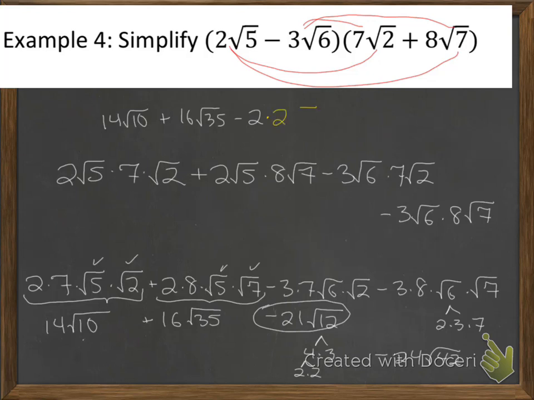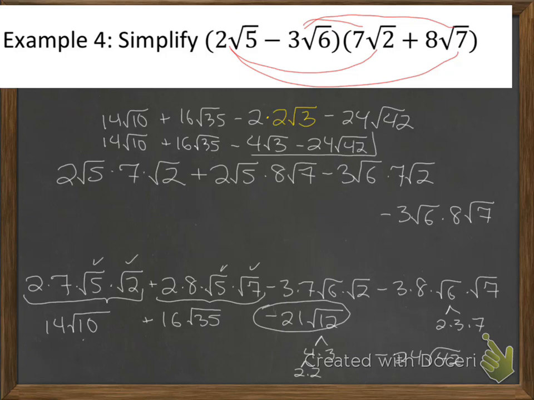I'm going to rewrite this as 2 times the square root of 3, minus 24 times the square root of 42. Again, none of the other radicals can be simplified, unfortunately. So our final answer is 14 times the square root of 10 plus 16 times the square root of 35 minus 42 times the square root of 3 minus 24 times the square root of 42.